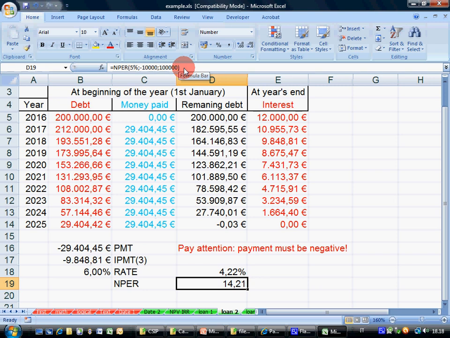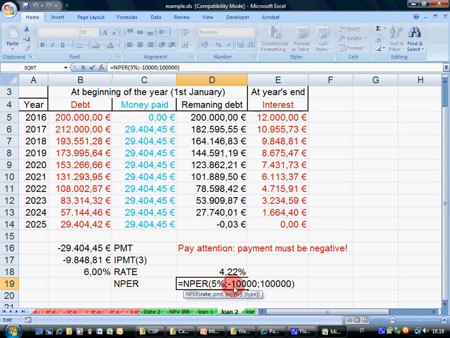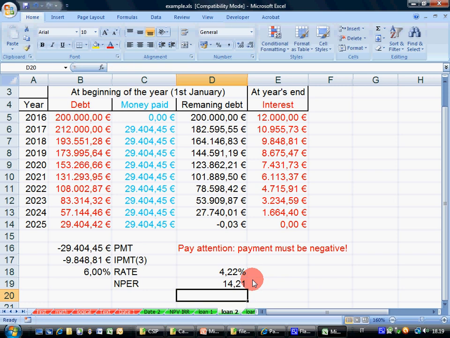What does it mean, 21? It means that for 14 years you will pay 10,000 euros. And for the last year, the 15th, you will pay a little less, more or less. Okay? Because 10,000 is not the correct number to pay it back in an exact amount of years. Okay? So 14.21.